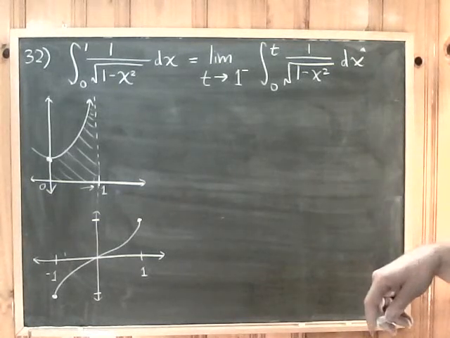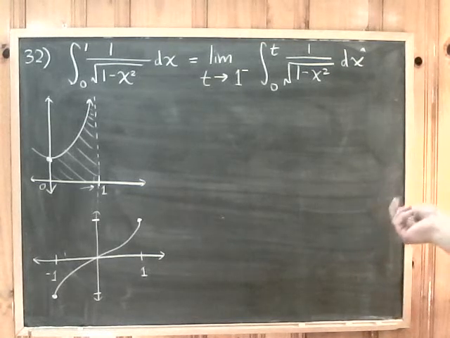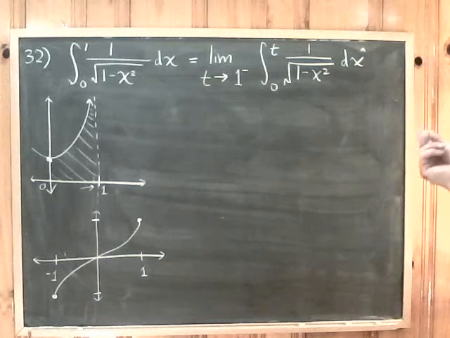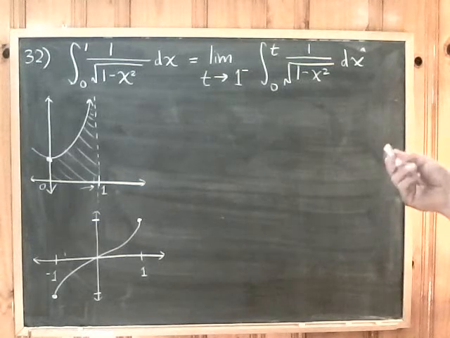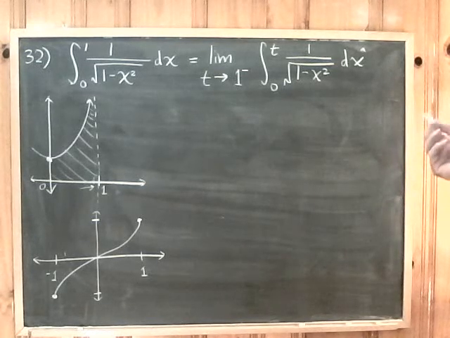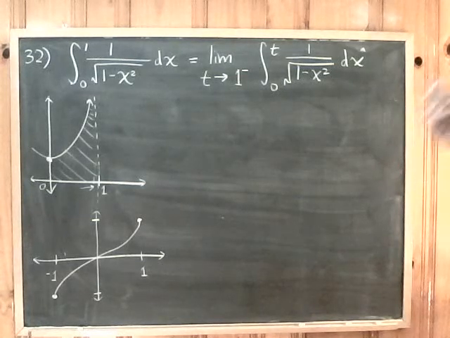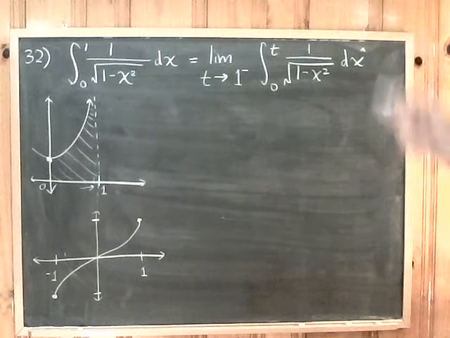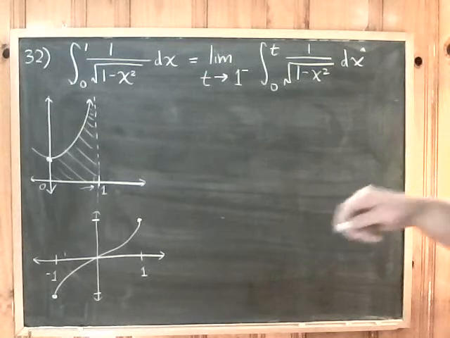Square root of 1 minus x squared. You could use trig substitution, but you'd quickly discover that you get the same answer as the one that you have memorized from Calc 1. It might not be a bad problem to try trig sub on, just to see that it comes out this way. You would use x equals sine theta, and then quickly you get that this antiderivative is the inverse sine of x.